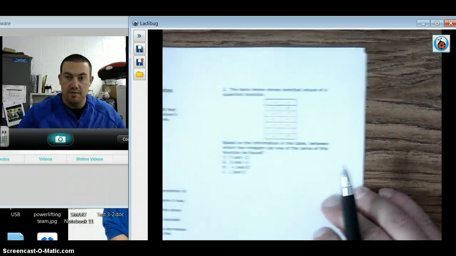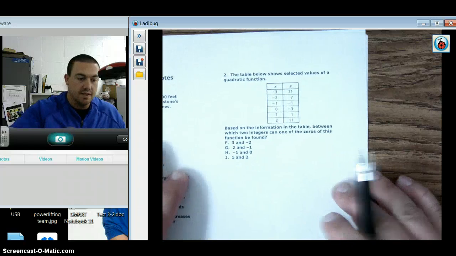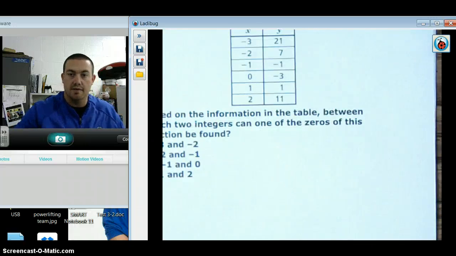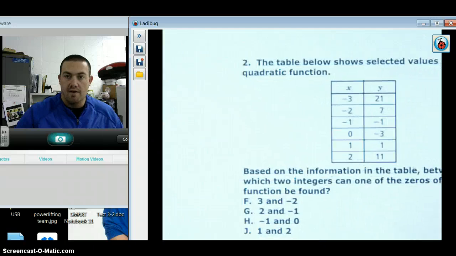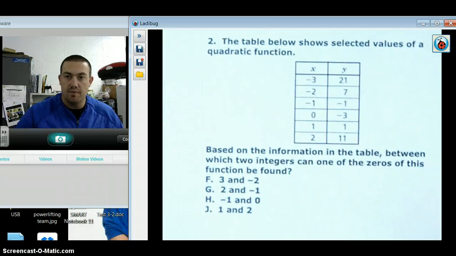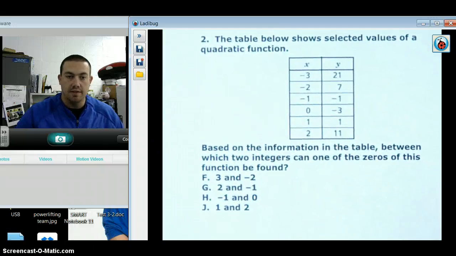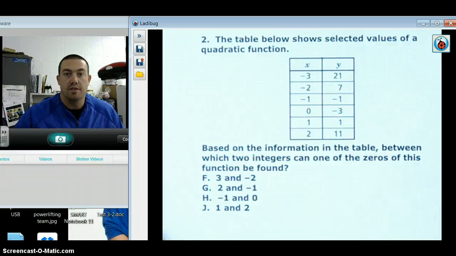Question number 2 this time shows a table. Let's get this a little bit bigger so we can see everything about it. Now, we've been looking at graphs instead of tables. Well, now that I give you a table, we need to be able to talk about how to find vertices, how to find x-intercepts, zeros, roots, and all those things.